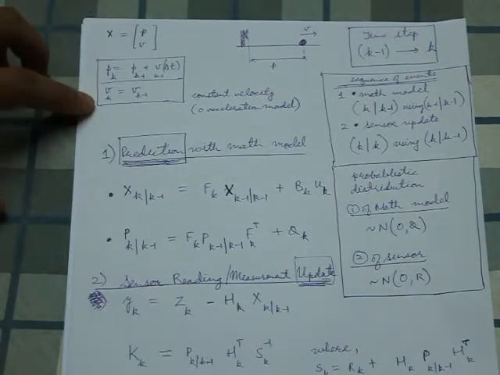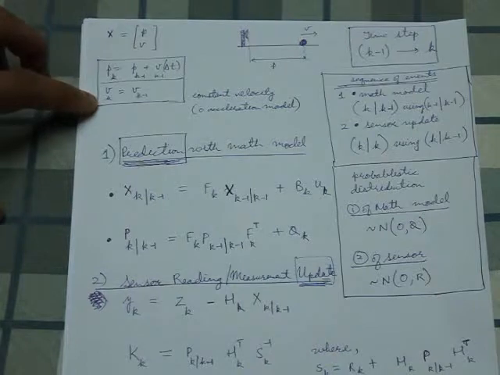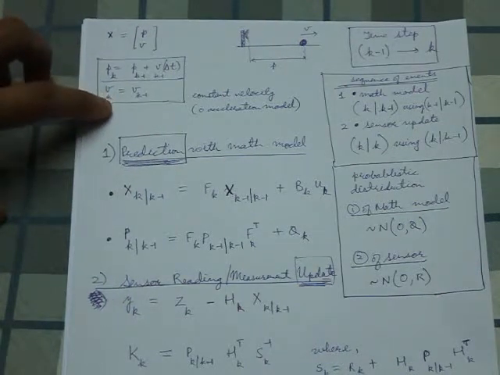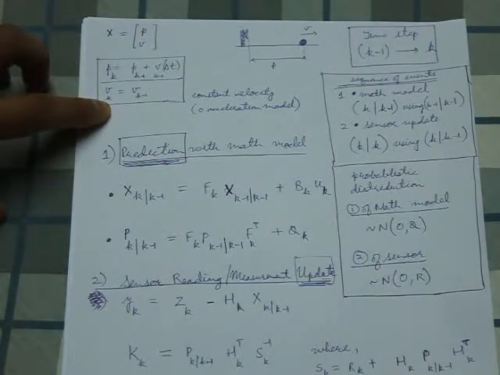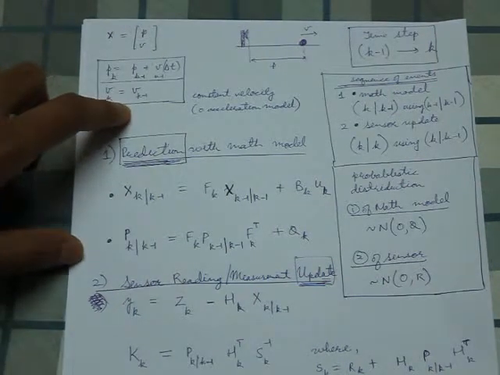And since it's a constant velocity system, v k is equal to v k minus 1. So the velocity at time step k is the same as the velocity at time step k minus 1.